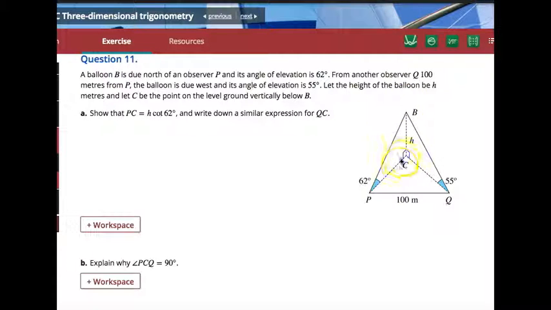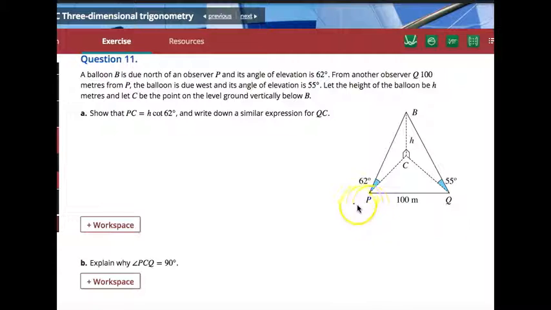So, girls, if B is directly above point C, then you've got a right angle here. QCB, because CB goes straight up. You've got a right angle triangle here. You've got a right angle there.